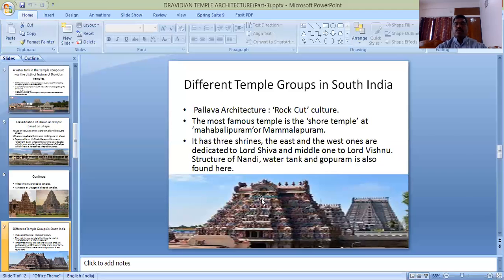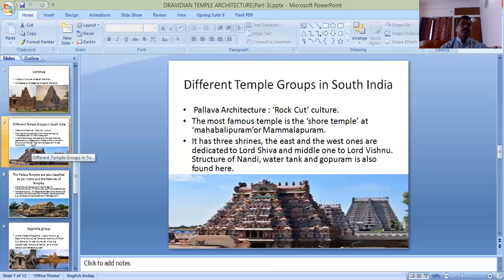So the Mamallapuram is dedicated to Lord Shiva and Lord Vishnu. And also the structure of Nandi, water tank, and Gopuram is found here. So the Gopuram, Nandi, water tank, and the three shrines are the specific features of the Mahabalipuram or Mamallapuram rock cut culture. That is the Pallava architecture.